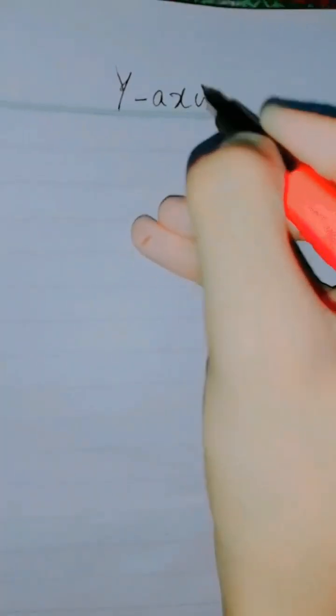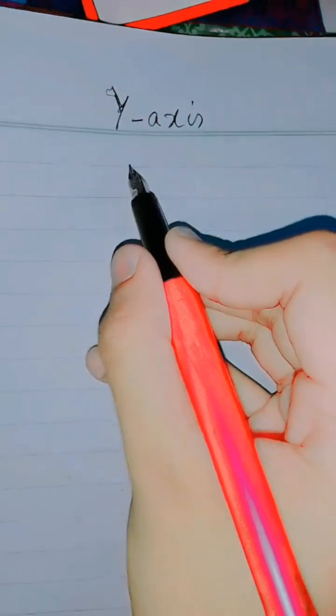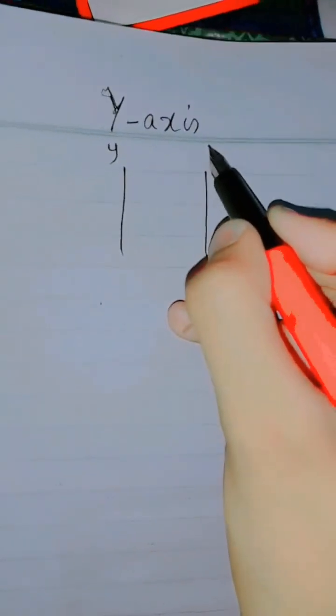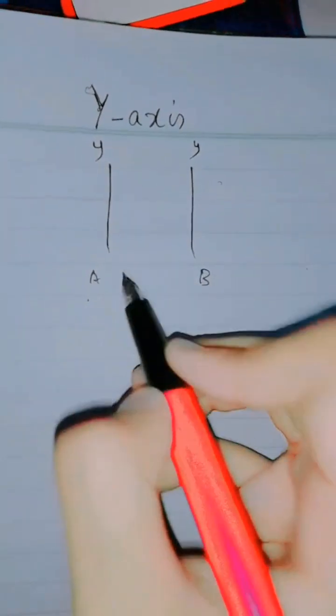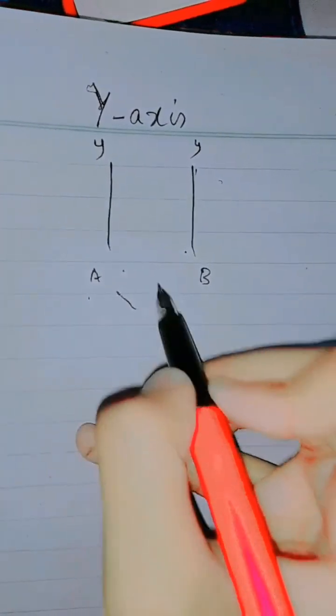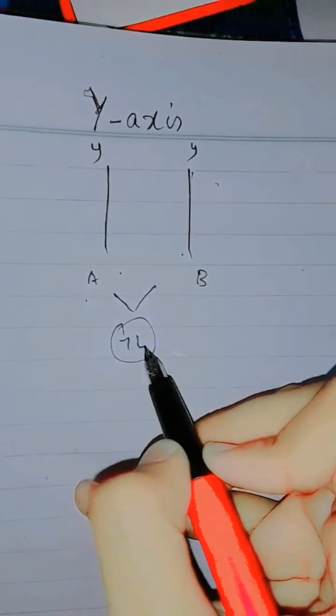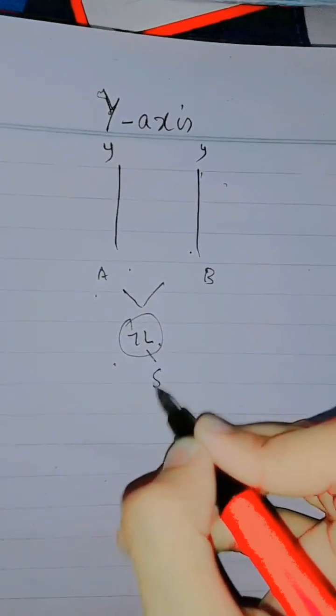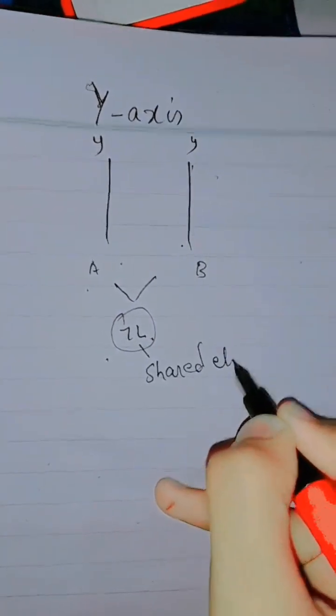Now if we talk about the y-axis, when the atoms make a bond on the y-axis, one atom on the y-axis and the second atom on the y-axis, that is A and B, when they make a bond, one will be parallel and the second anti-parallel, that is the shared electron.